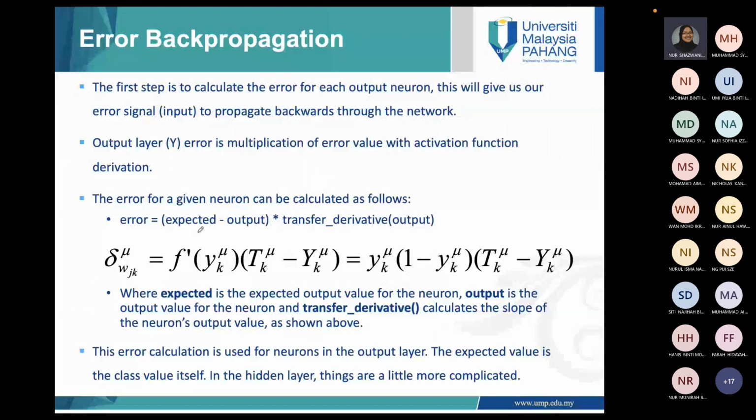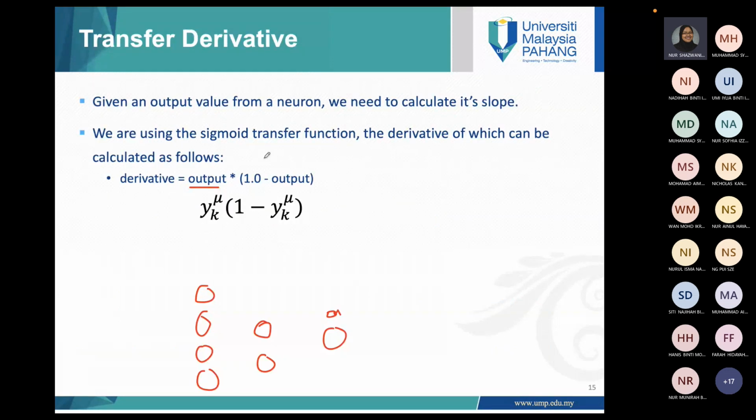Expected is the target value. Expected minus the output, where the output is the actual value that we calculate from our input, times the transfer derivative of the output, which we calculated in the previous slide. Then you will get the error value.